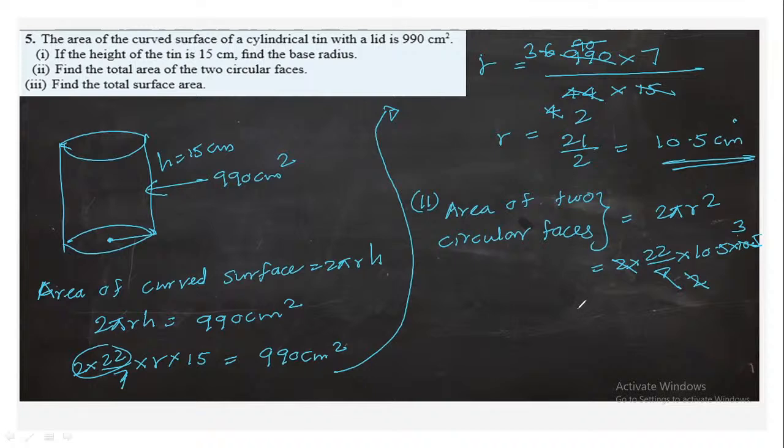You can multiply 22 into 10.5 into 3. 2 times 22 times 3, 66. Then 66 multiplied by 10.5. That is 693.